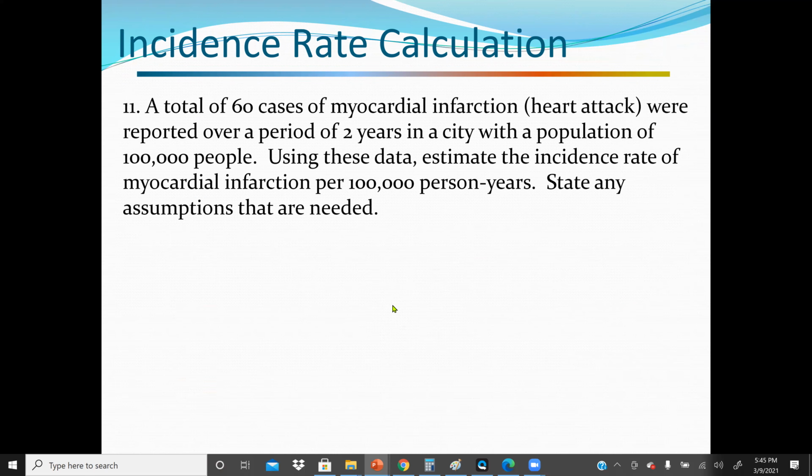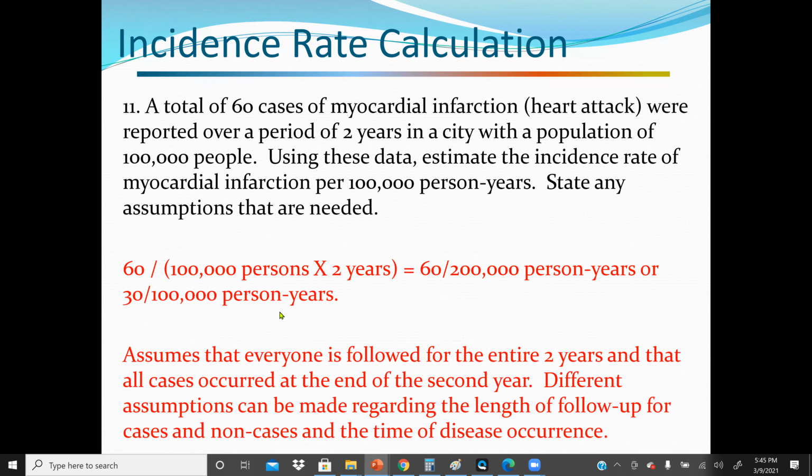Now the incidence rate calculation. A total of 60 cases of myocardial infarction, which is heart attack, were reported over a period of 2 years in a city with a population of 100,000 people. Using this data, we should estimate the incidence rate of myocardial infarction per 100,000 person-years, and state any assumptions that are needed.